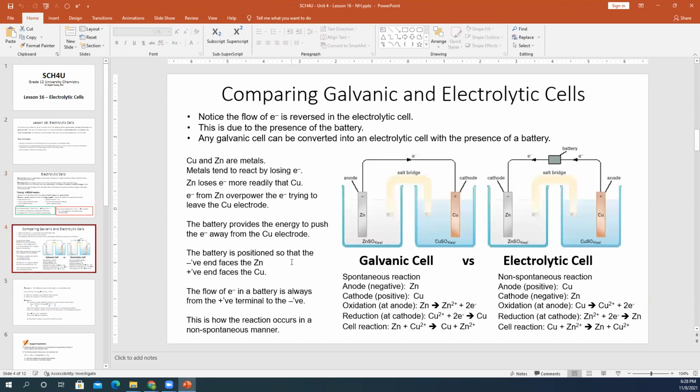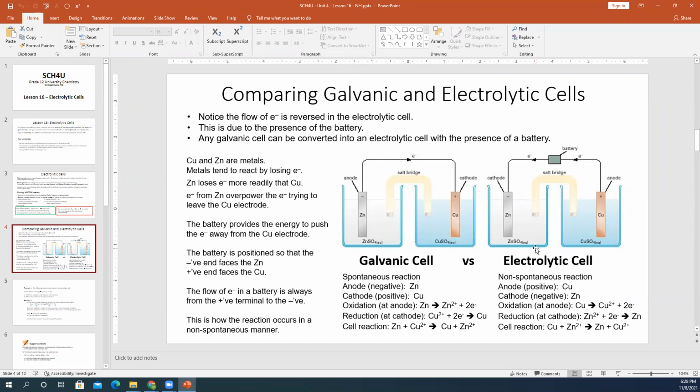So let's really compare the galvanic and the electrolytic cells. And here I have a diagram of the galvanic cell on the left and the electrolytic cell on the right. Notice that in the galvanic cell, the electrons are flowing from the anode, which in this diagram is the zinc. They flow spontaneously towards the cathode, which is copper.